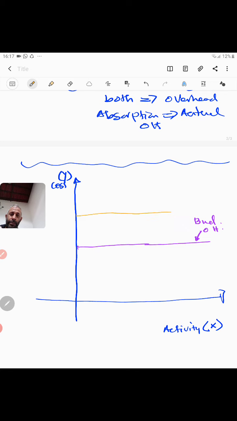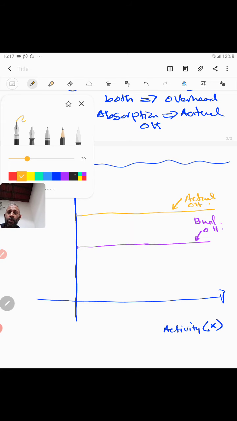In this situation, actual overhead is greater than budgeted overheads. So this is the actual overhead. Also, let me draw the overhead absorbed.